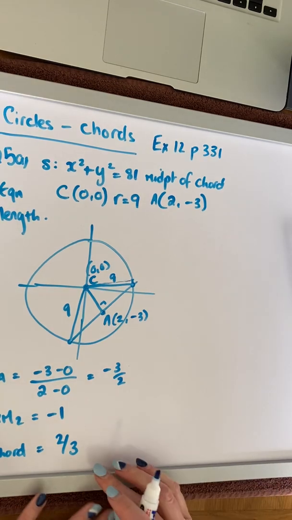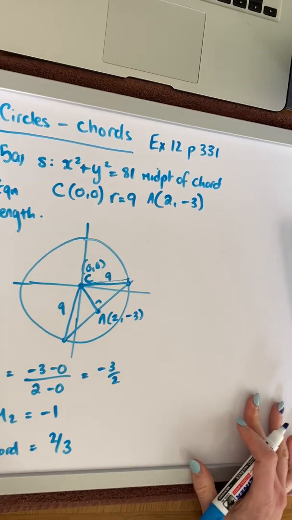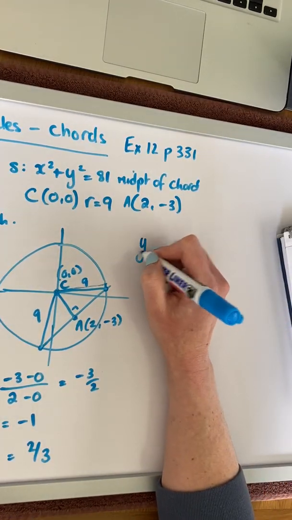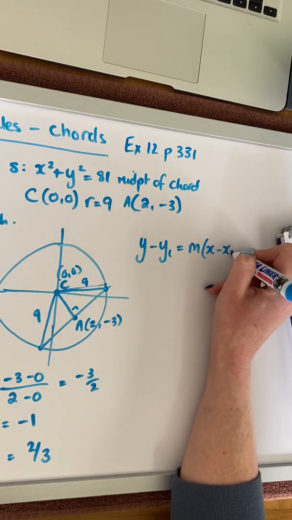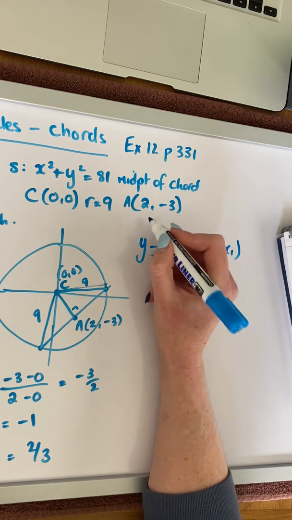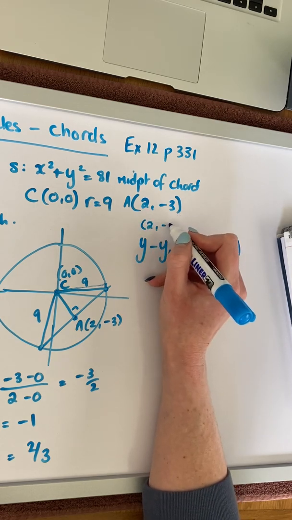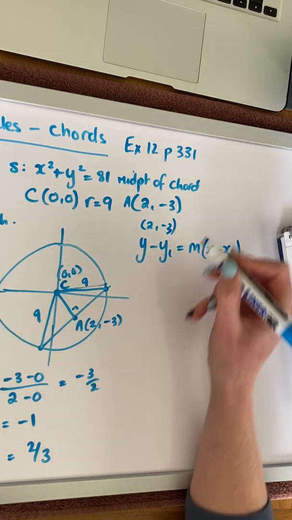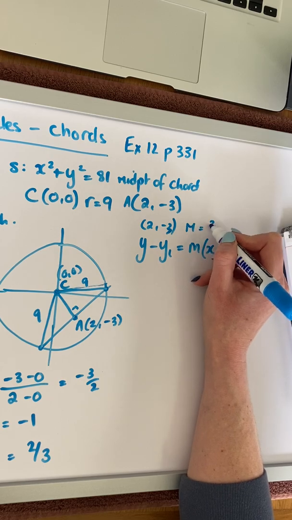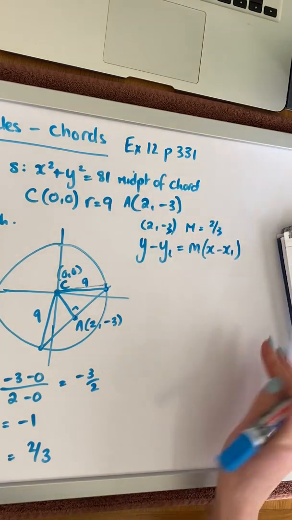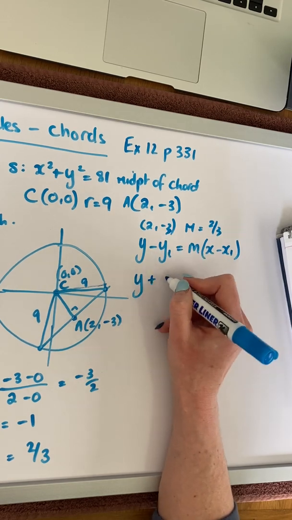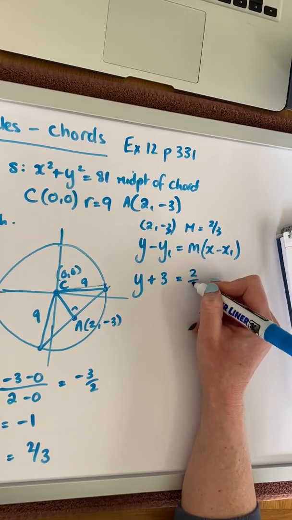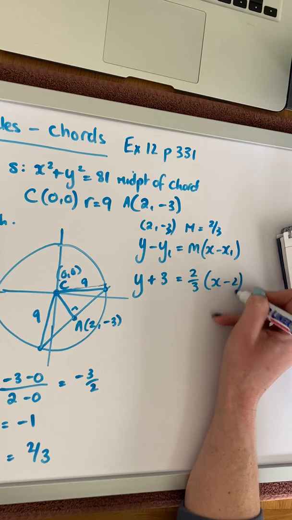Then coming to the equation of the chord, we fill it into the formula y minus y1 equals m times (x minus x1). We have a point on the chord, which is (2, -3), and we have the slope of the chord, which is 2/3. So filling the information into the formula, we have y minus -3, which is y plus 3, equals 2/3 times (x minus 2).